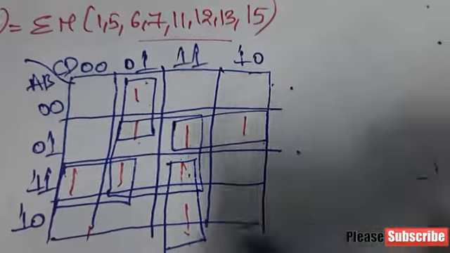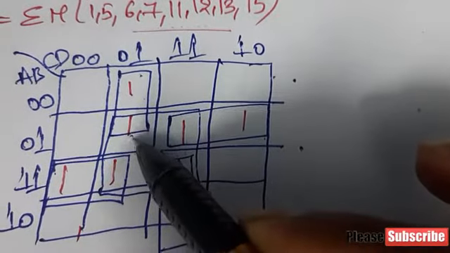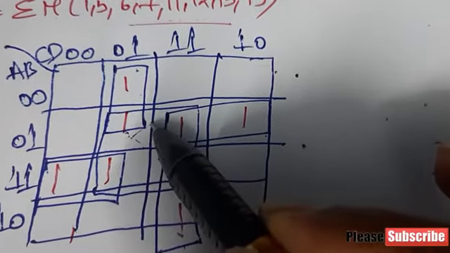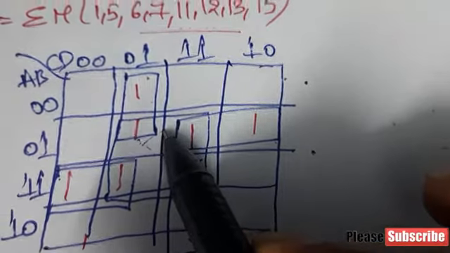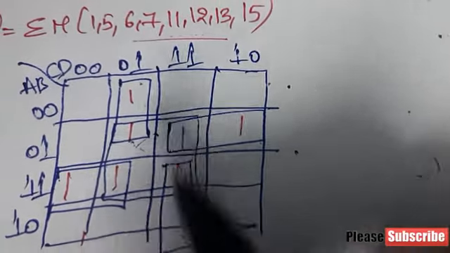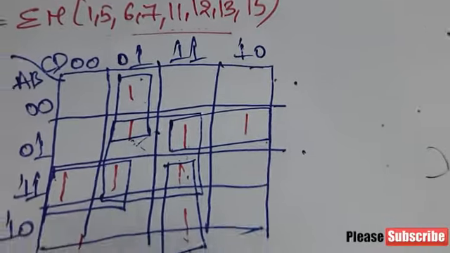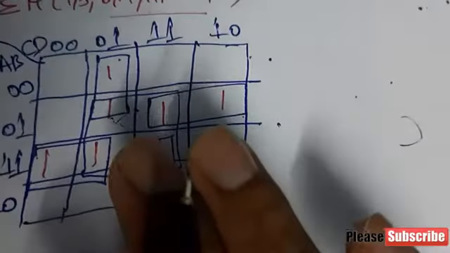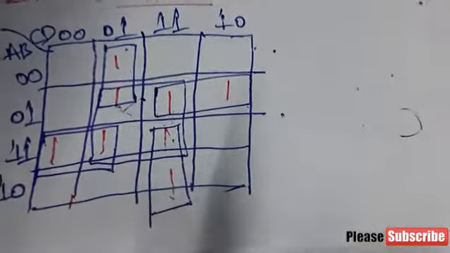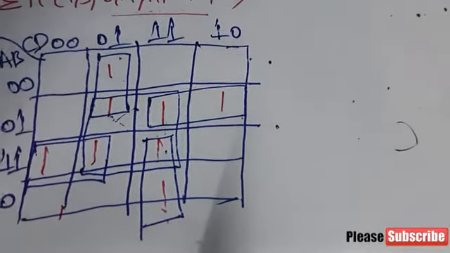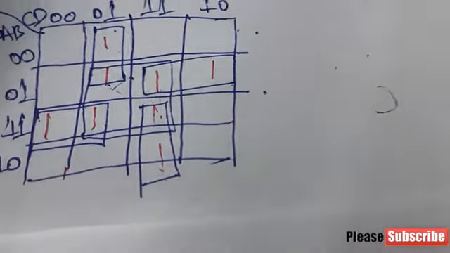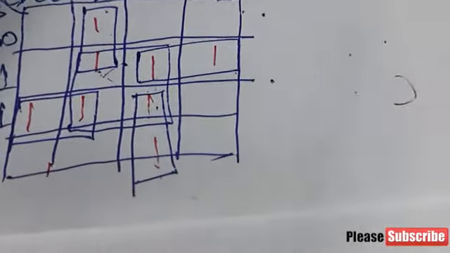That means this numerical 1 is so important. That means essential. We must form a pair. That's why this implicant is said to be an essential prime implicant. Now you can understand the essential prime implicants, right?